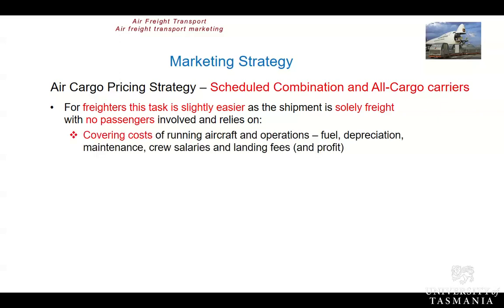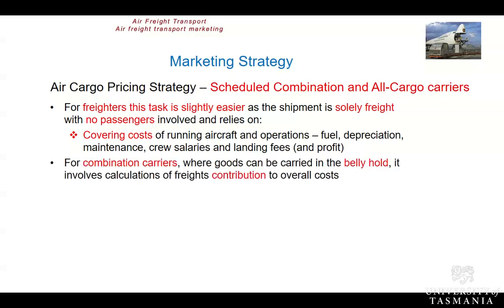So all they really have to do is cover the cost of the aircraft and all the inputs that go into that aircraft to get it from airport to airport, and ultimately achieve a profit along the way. For combination carriers, it's more challenging. Combination carriers in a passenger aircraft type setting, we know that the goods are carried in the belly hold.